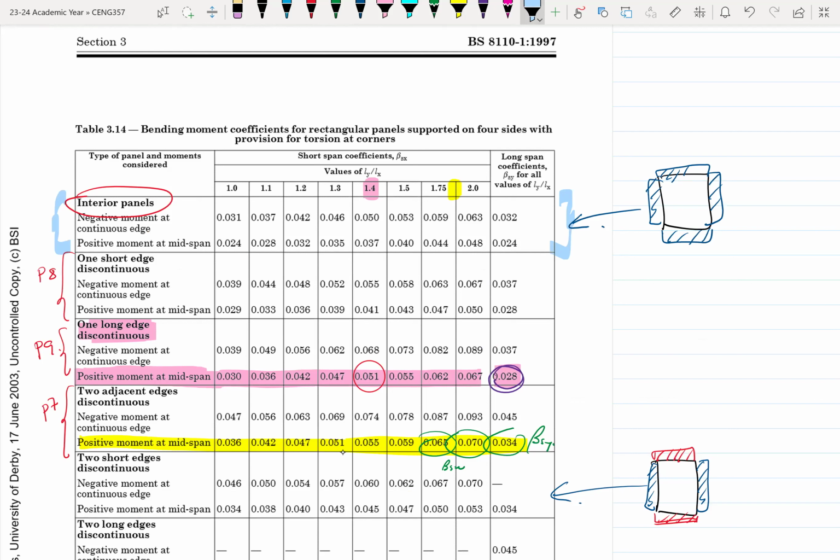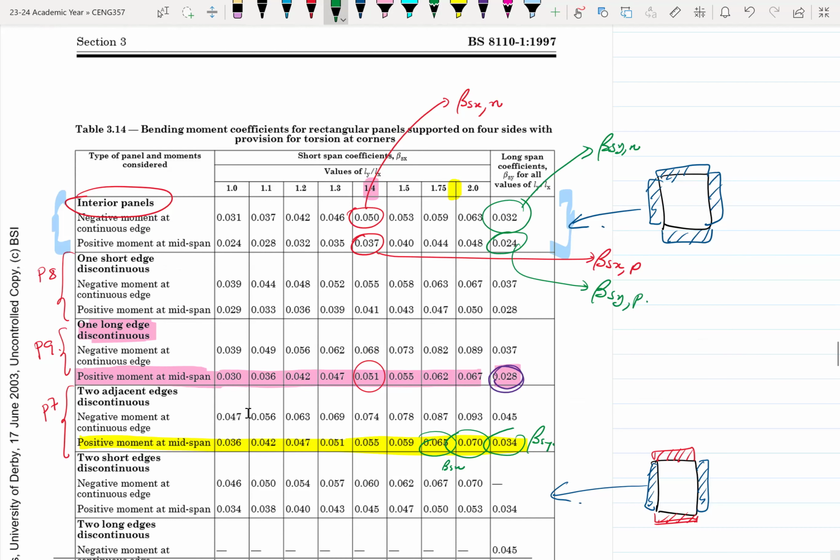Since our ratio is 1.4, this is our beta SX negative, and this value here is our beta SX positive. Then when you come in here, this is our beta SY negative, and this is our beta SY positive. So these will be our values, and then we'll use this to determine the moments.